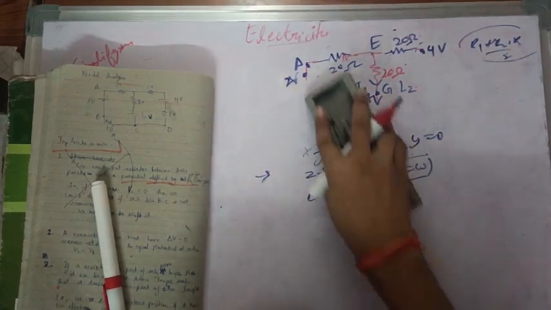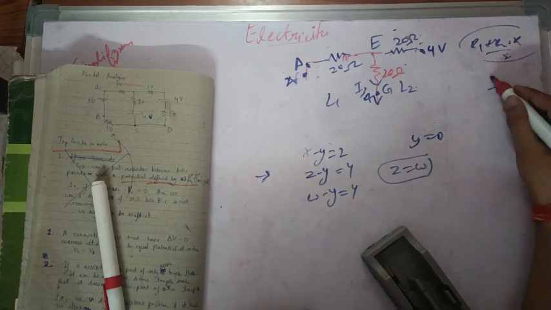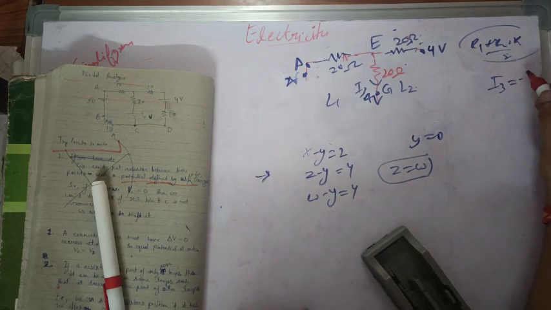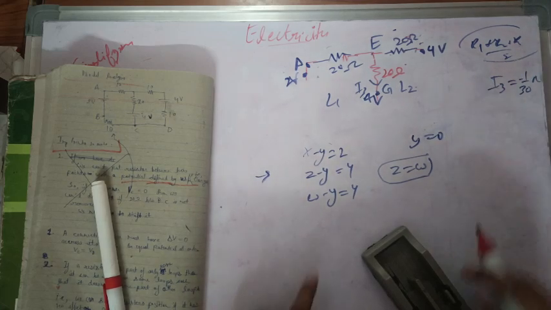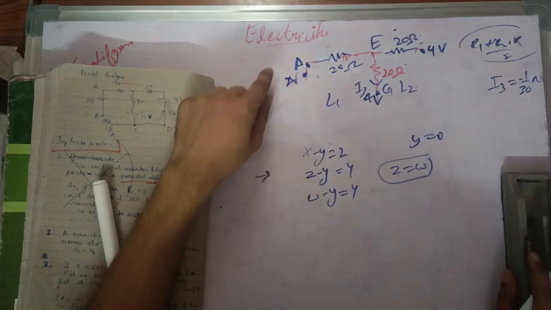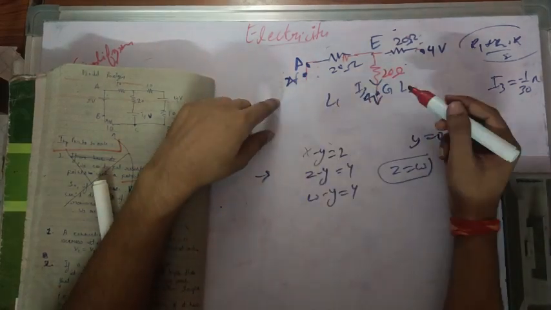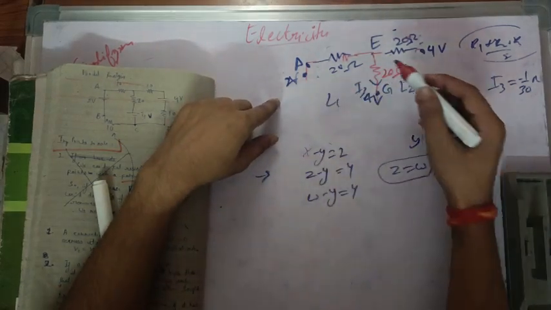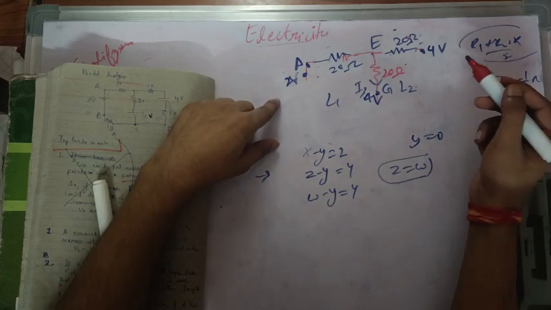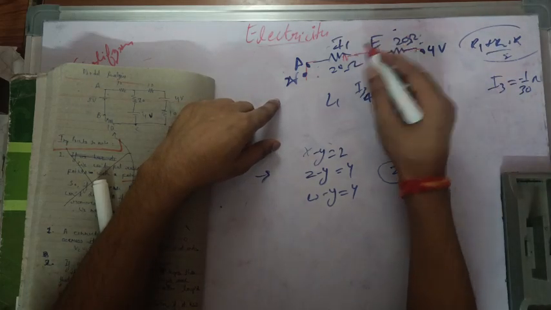Now I can calculate. In the previous case I had found that I3 was equal to minus 1 by 30 ampere. Now in this case we will calculate the potential difference, let's say the current flow is I1.